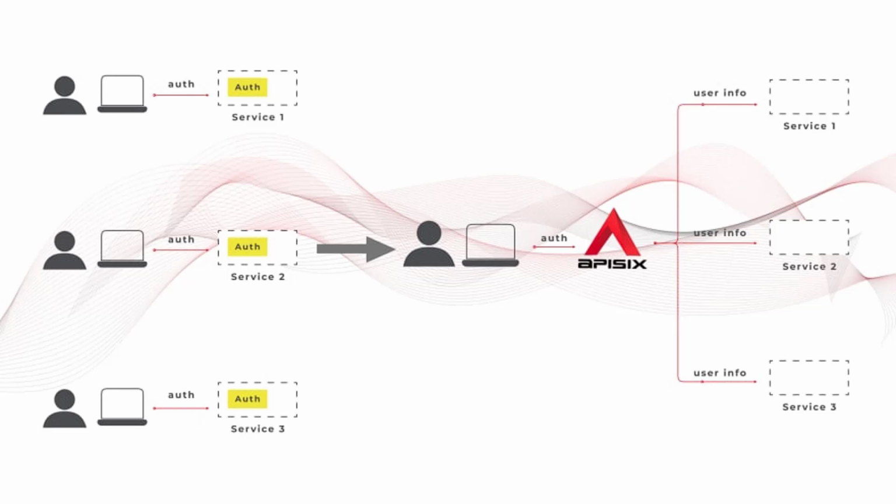The user or application can go directly first to Apache APISIX, and Apache APISIX can identify the client by credentials and then pass authenticated identity information further down to the upstream backend services. The backend services can then easily read user information from the header that Apache APISIX provided.